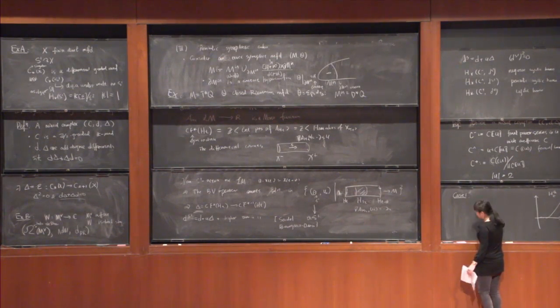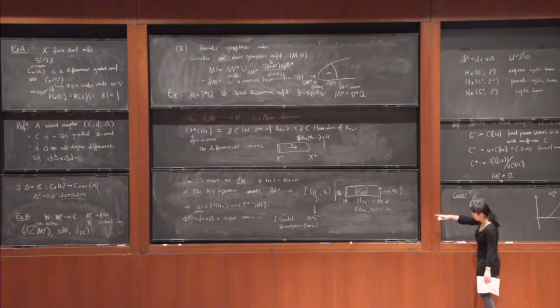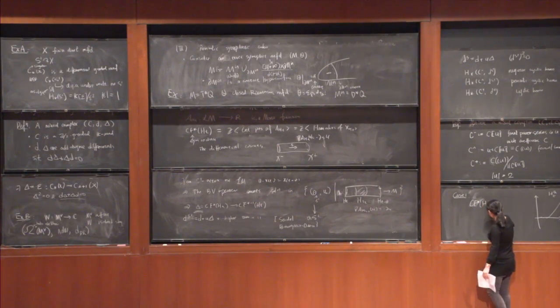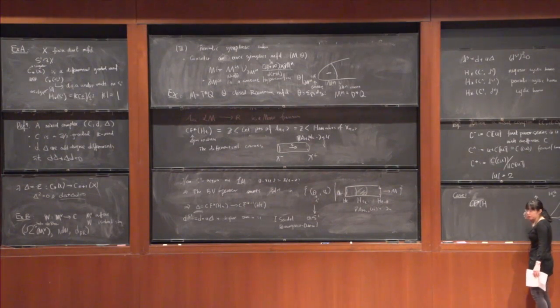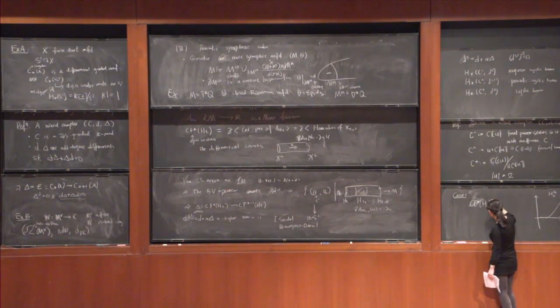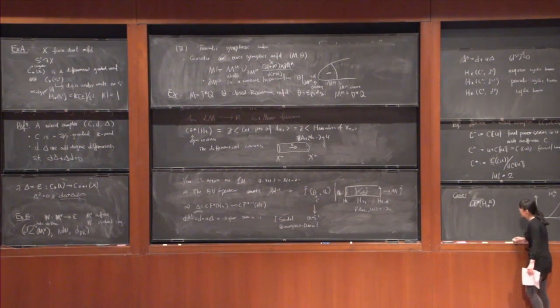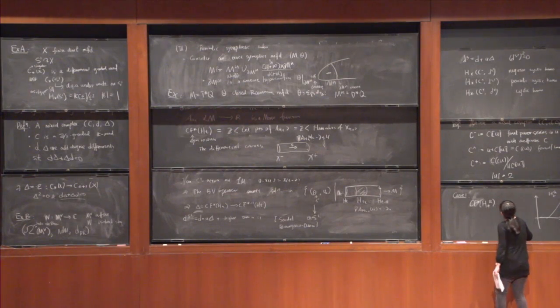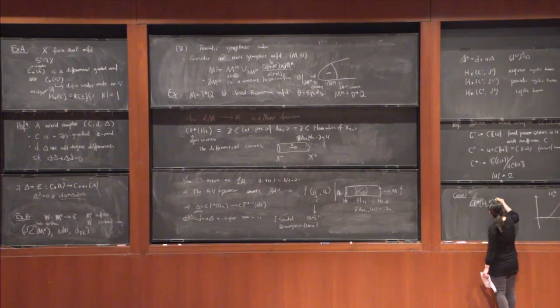So the naive definition for the periodic symplectic homology is that you take your entire symplectic quotient complex that consists of all the possible Hamiltonian orbits that you can get for the quadratic Hamiltonian.